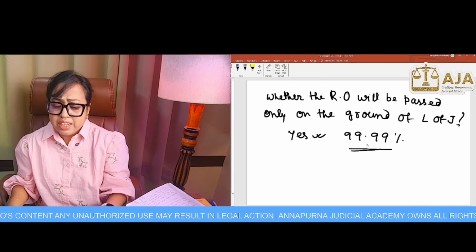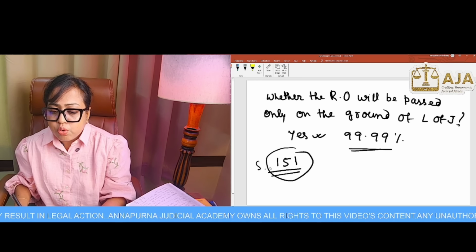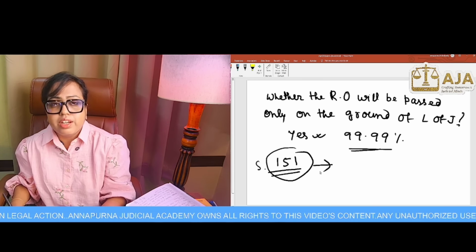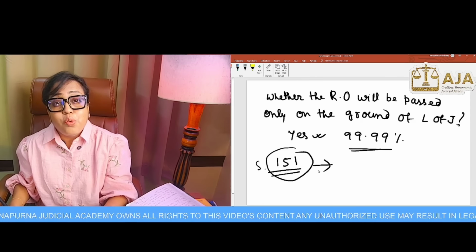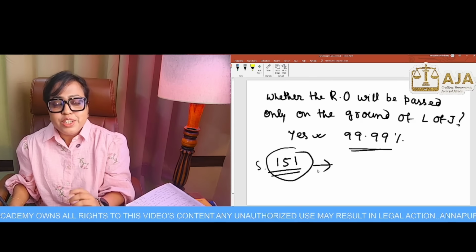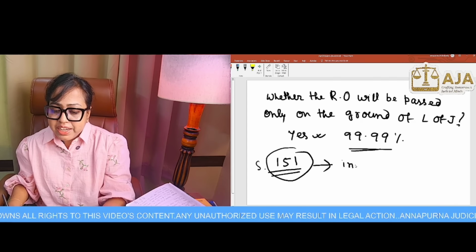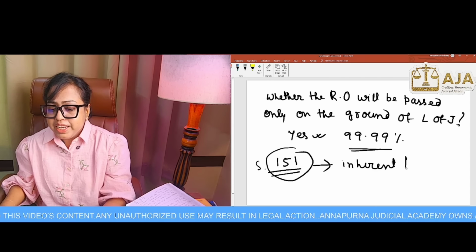But there is a section, that is Section 151. By virtue of this section, the court has wide power, known as inherent power.